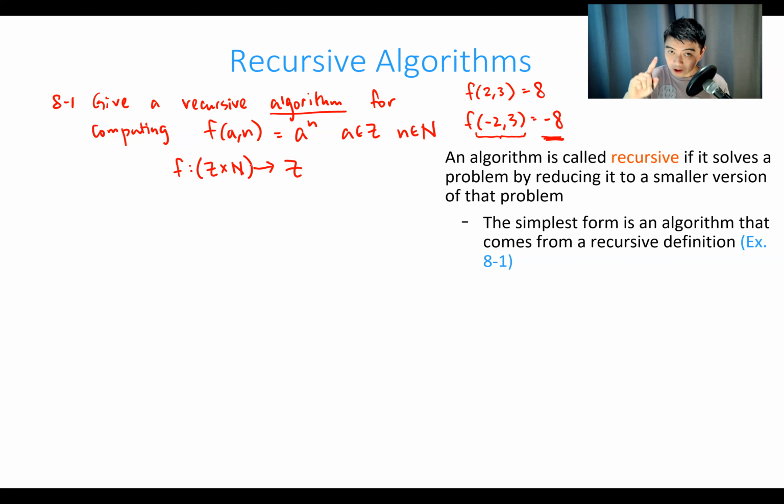Now, remember what this cross product does. We get a bunch of tuples in which the first element is an integer and the second element is a non-negative integer. And I want all such crossings. Now, do you agree that this would be the set of inputs for this function?